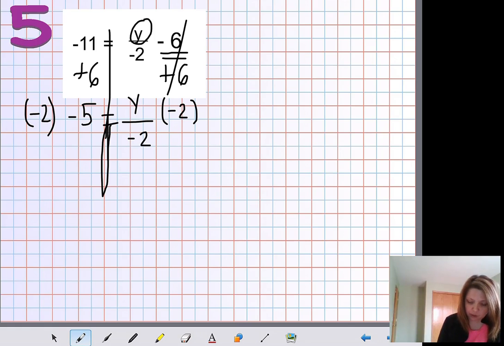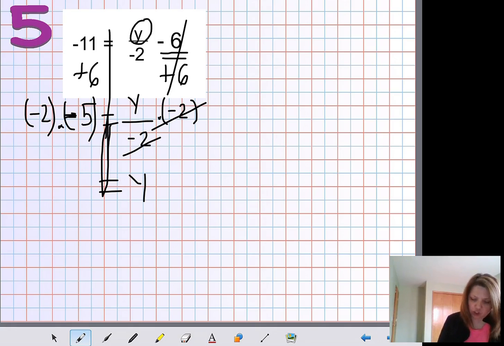And always remember, if you have to divide or multiply by a negative number, you keep the negative sign on both sides, so those two cancel. We have only y left on the right, and on the left -2 times -5. This is multiplication between two negative numbers.